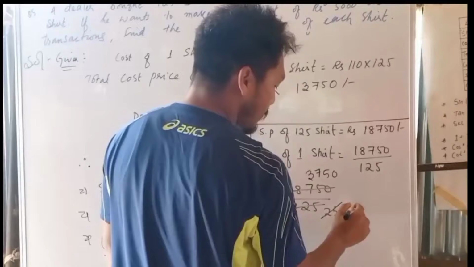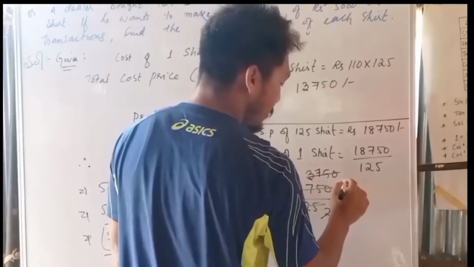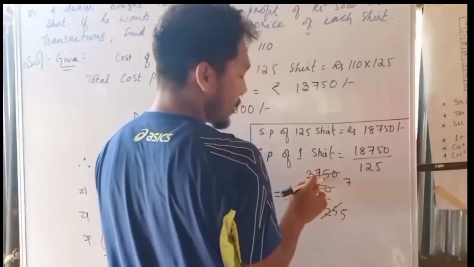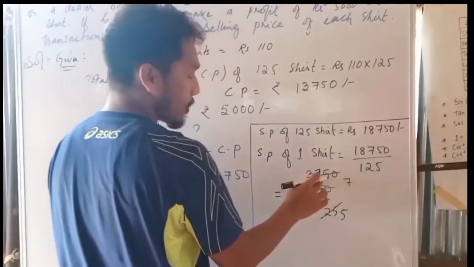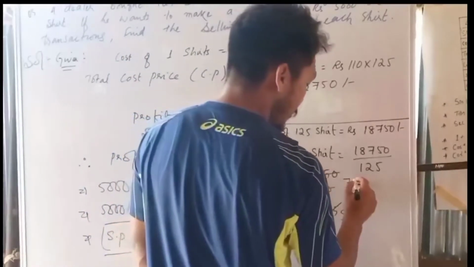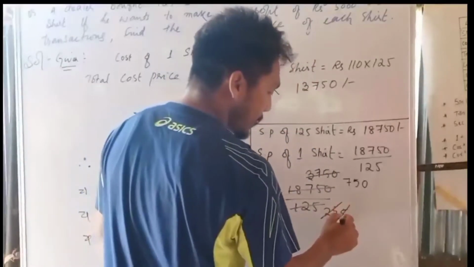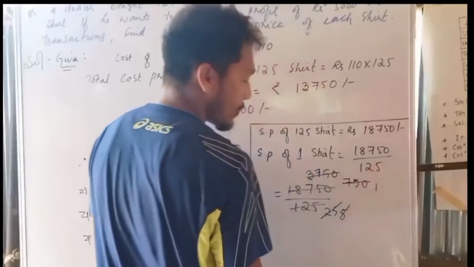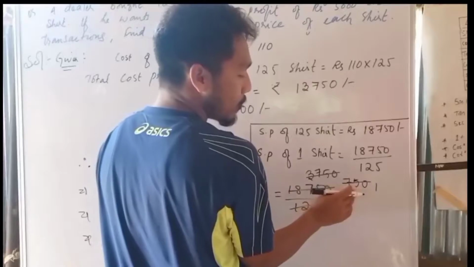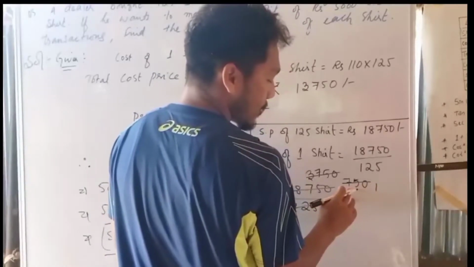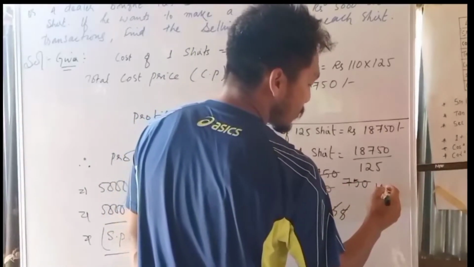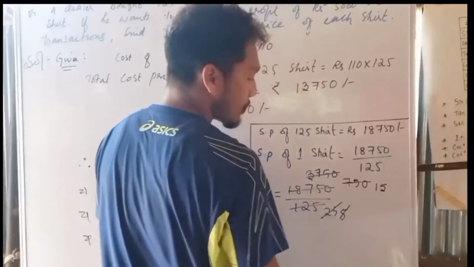Again 5 1s are 5, 5 5s are 25, 0. Now again divided by 5, 5 5s are 25, 0.